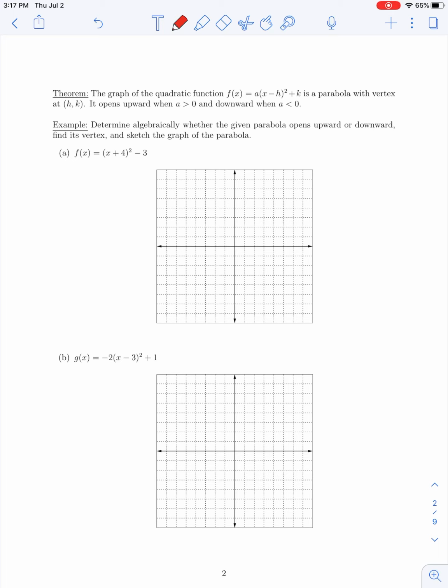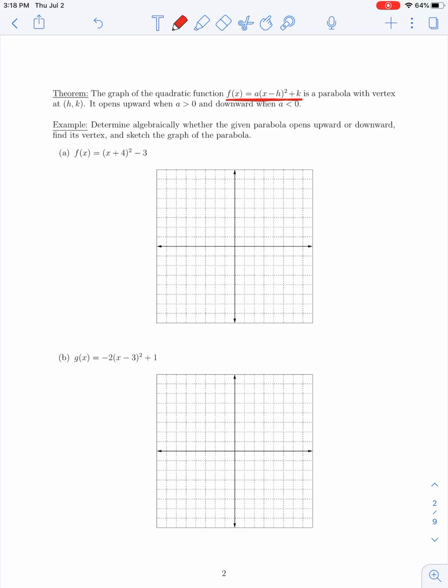Now, for any quadratic function, we can express the quadratic function in what's called standard form. And the standard form is a function of the following form. f of x is equal to a times x minus h quantity squared plus k.